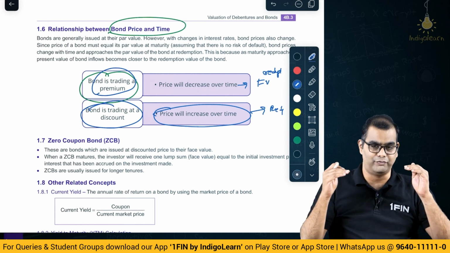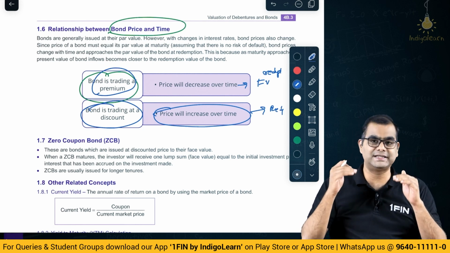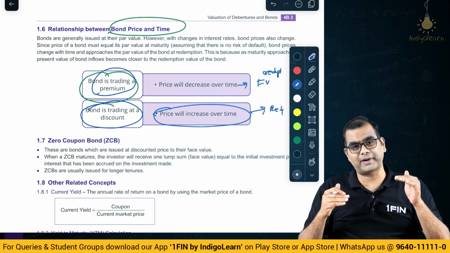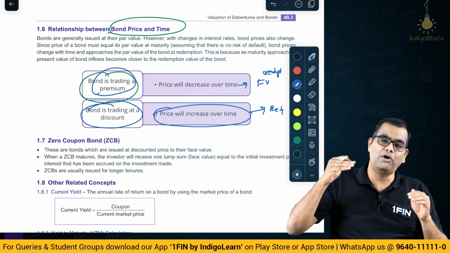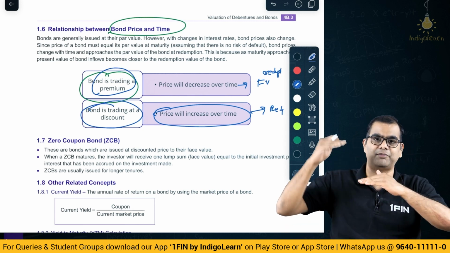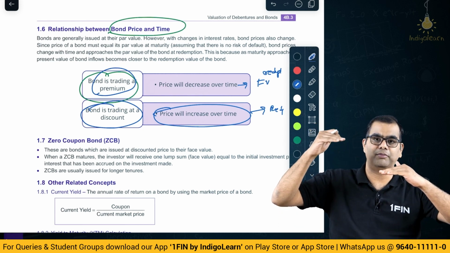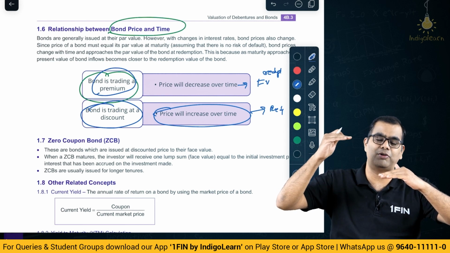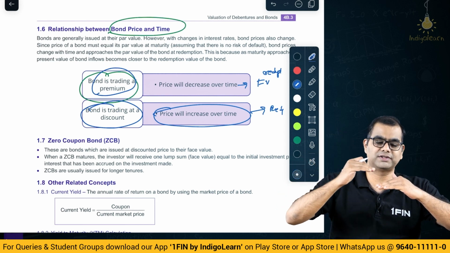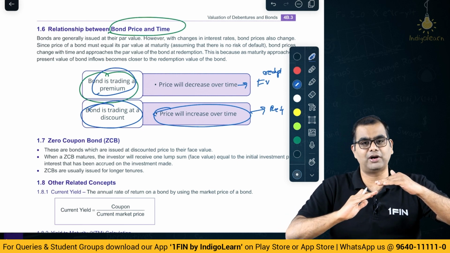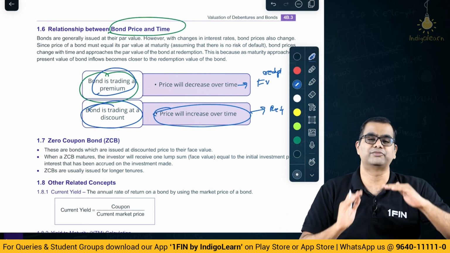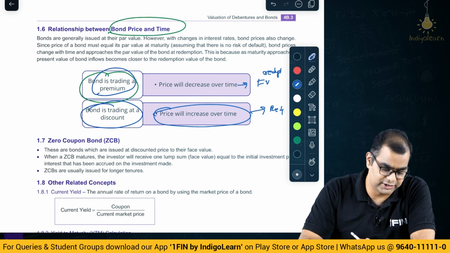So, even though the bond price and the yields are inversely related, the bond price, despite yields not being the same as coupon, over a period of time, let us say bond price is here, this is the face value. The bond price initially, because the yields are low, is high. Slowly bond price will come down to the redemption value, or if bond price is low, as the time elapses, the bond price will come and start meeting the redemption value. This is another important thing that you should note.